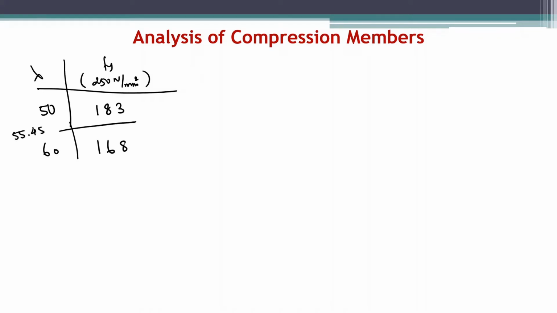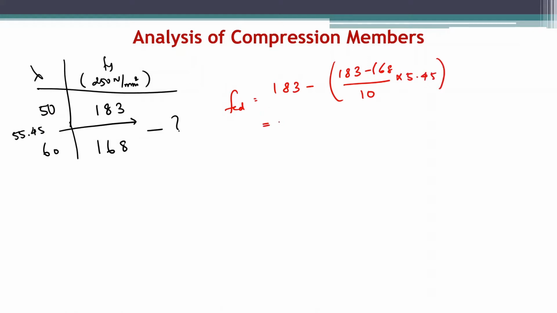So for 55.45, how much is the design compressive stress? By doing linear interpolation we will be able to find it. FCD is 183 minus (183 minus 168 upon the difference) multiplied by how much it is from 50, 55.45, that is 5.45.